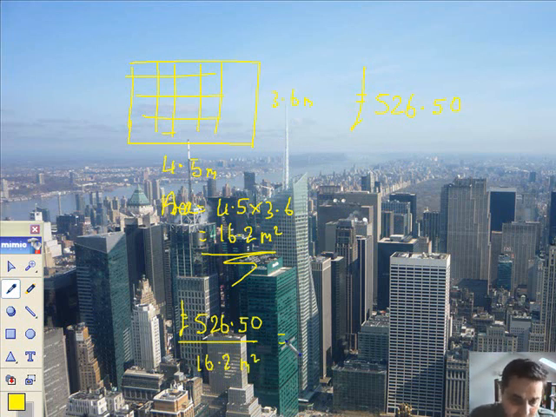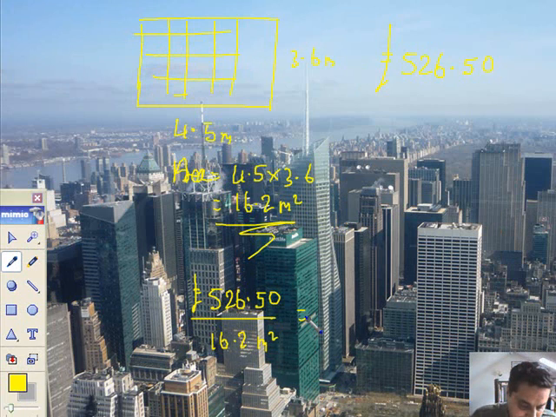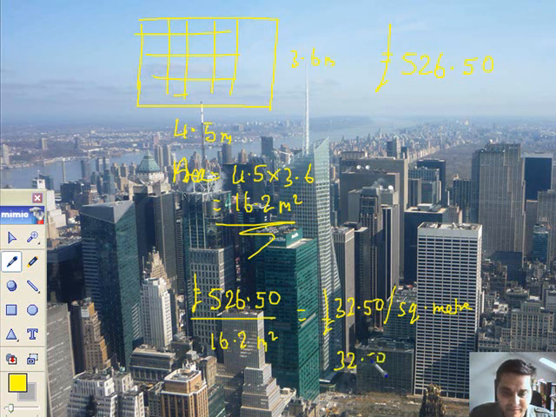It's still a horrible number, so 526.5 divided by 16.2. That's £32.50 per square metre. Or we can say £32.50 per metre square. Is that alright?